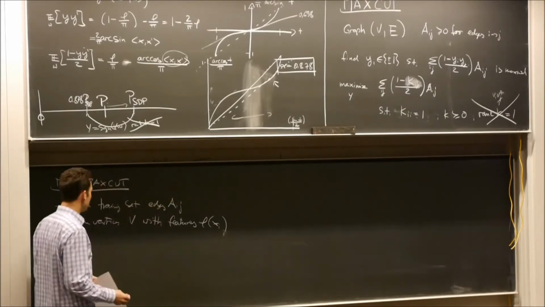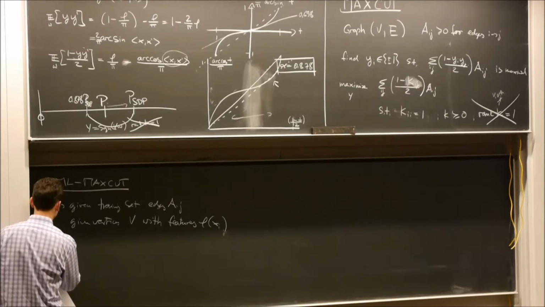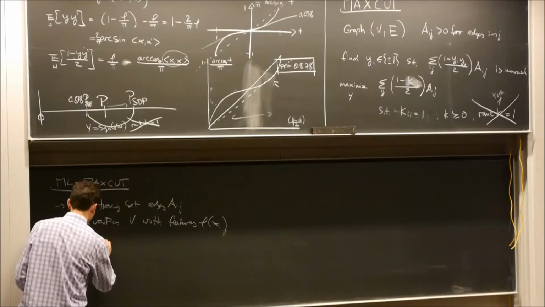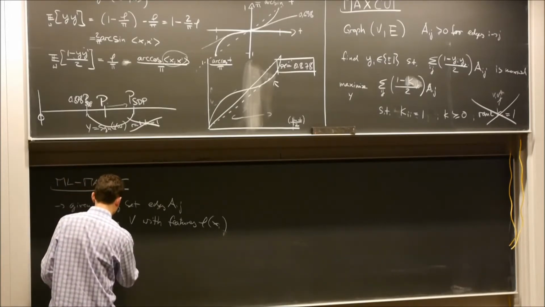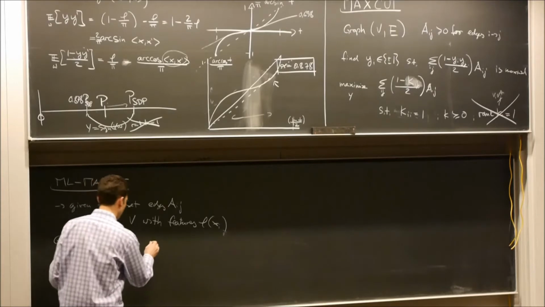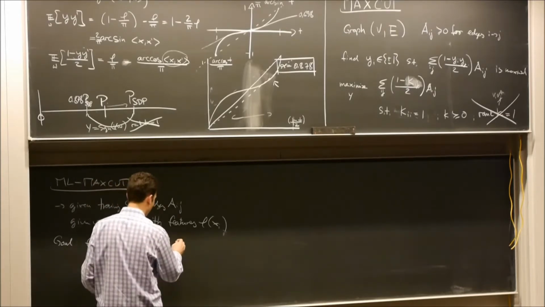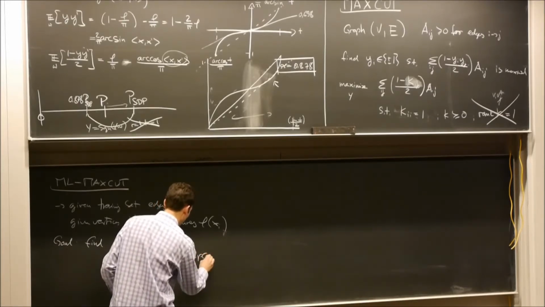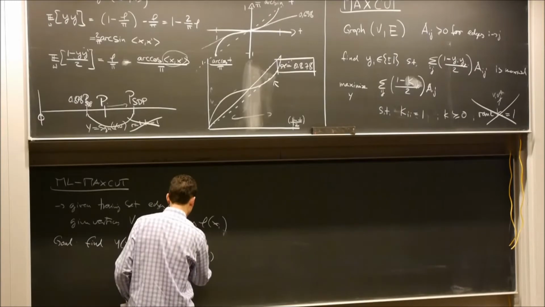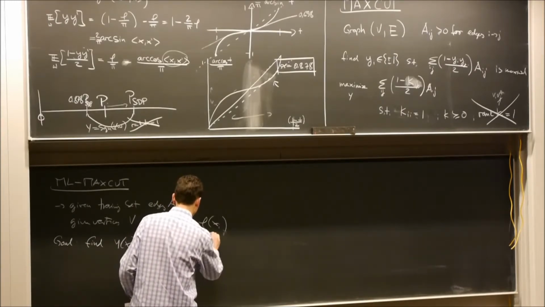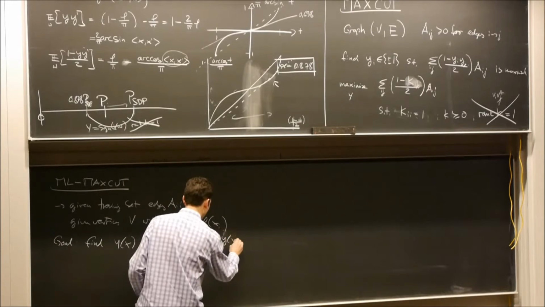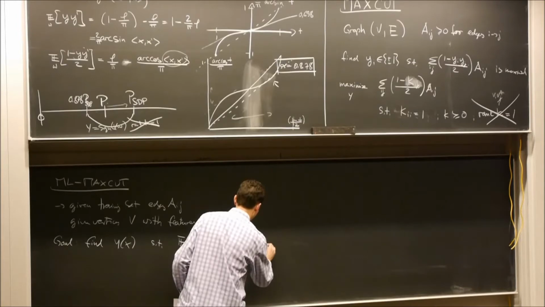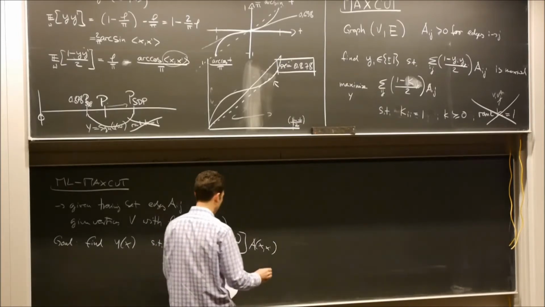And our goal is to find some function y of x such that in expectation over x and x prime drawn from some probability distribution, (1 minus y of x times y of x prime) over 2 times a of x and x prime is large.